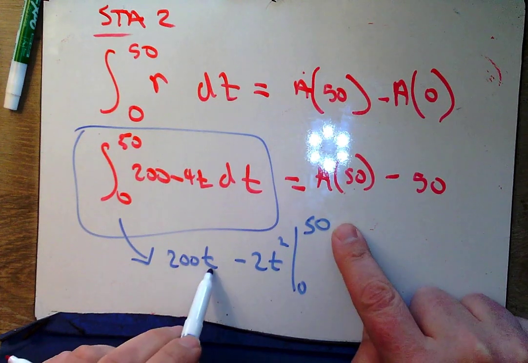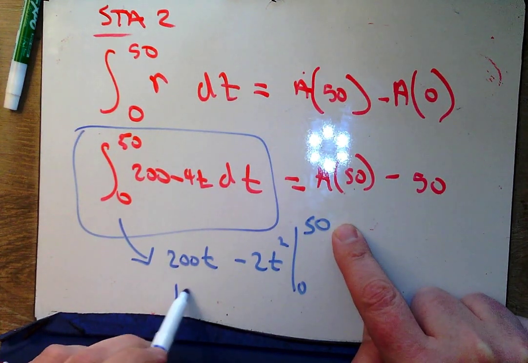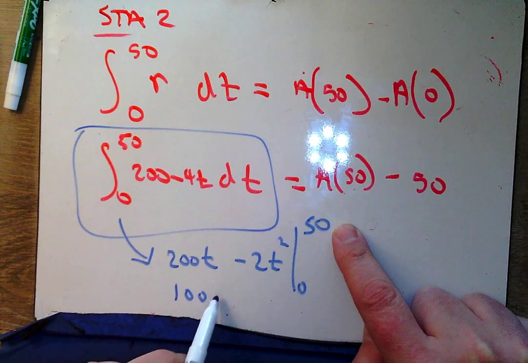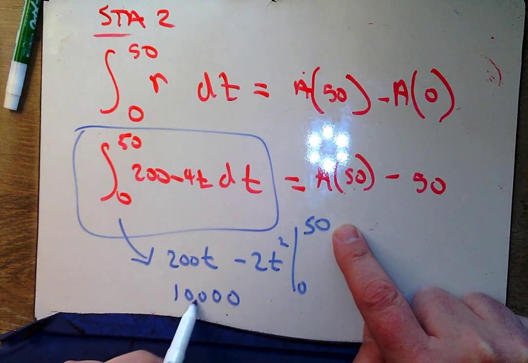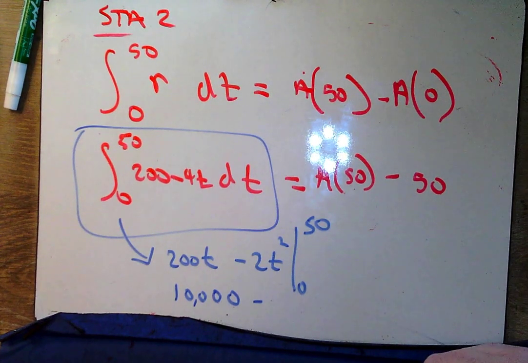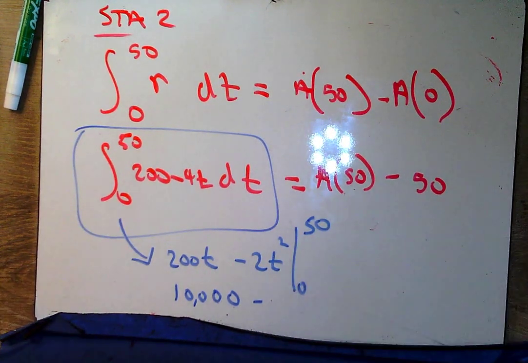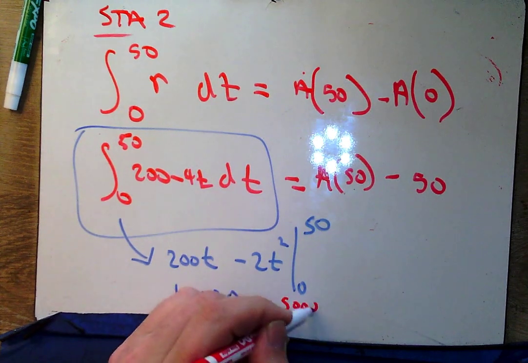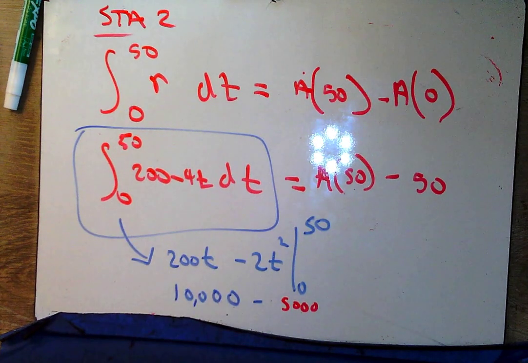Okay, I plug in a 50, and I get 10,000, minus 50 squared is 2,500, yeah, it's good to check those things, times 2. So we're subtracting 5,000. And just to be sure, 200 times 50, yes, 10,000.